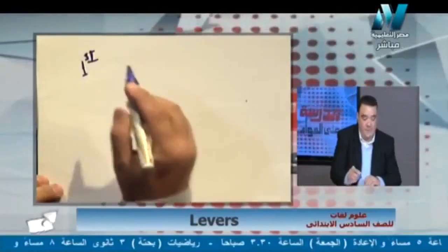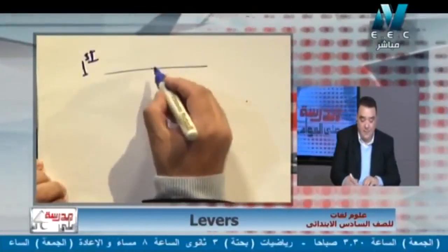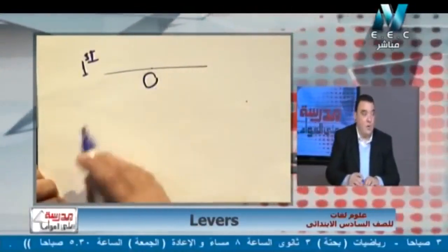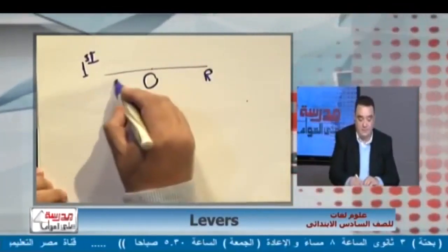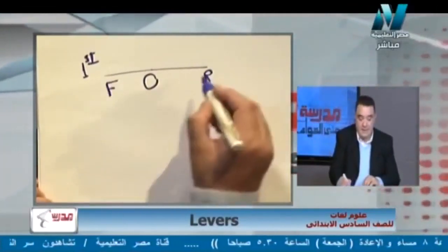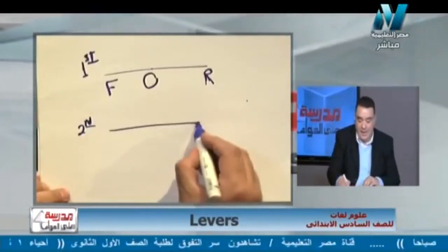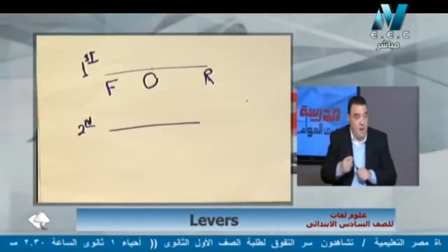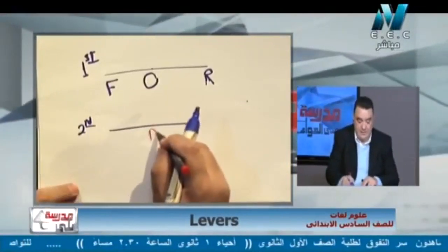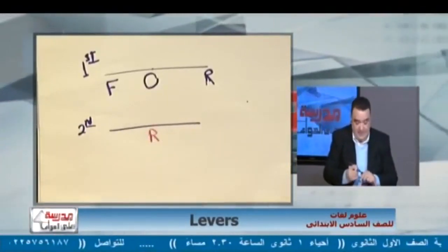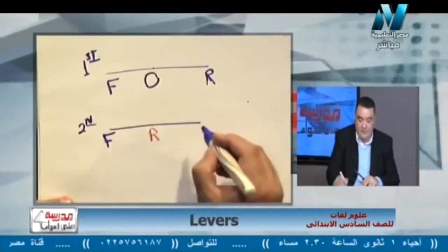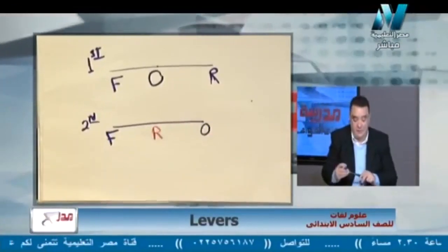First type, I will write here first type. I have fulcrum O between R and F. Okay. Second type, I have R, a resistance, between F and O, fulcrum and effort force.